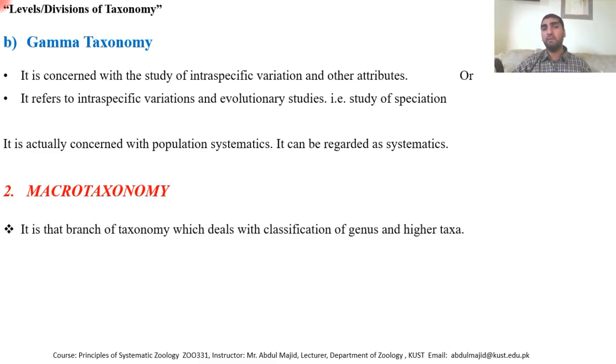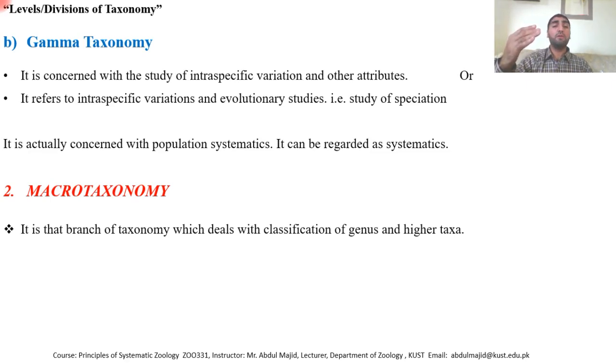As the name indicates, it is at the macro level. It is that branch of taxonomy which deals with the classification of genus and higher taxa. So in macrotaxonomy we study and classify genus and higher taxa.